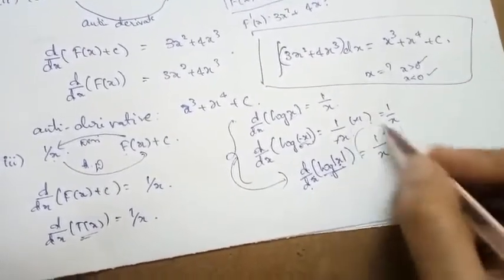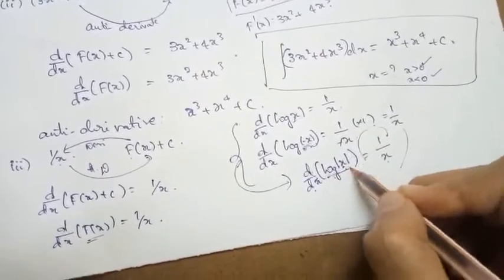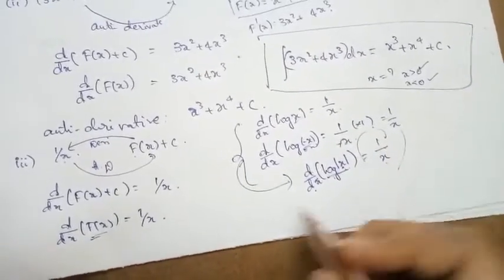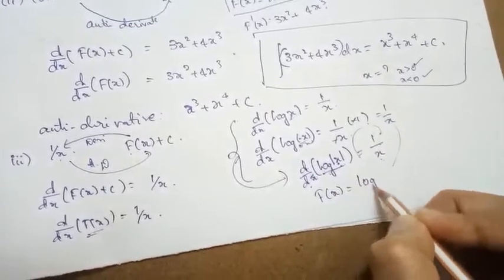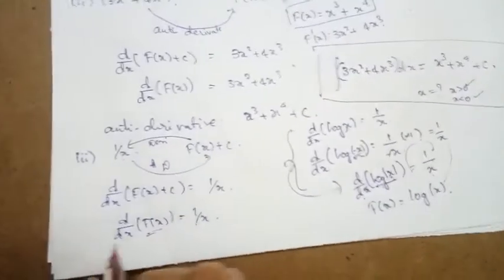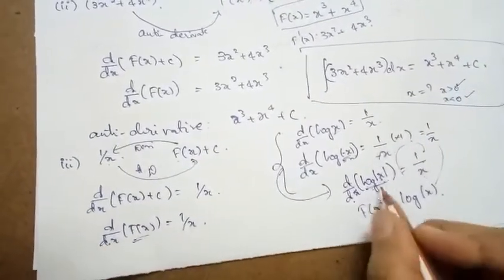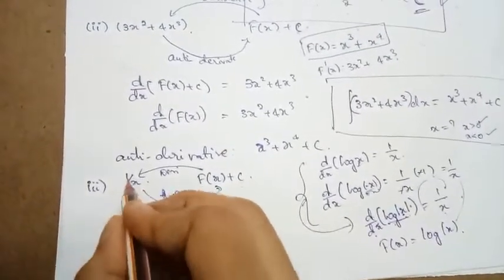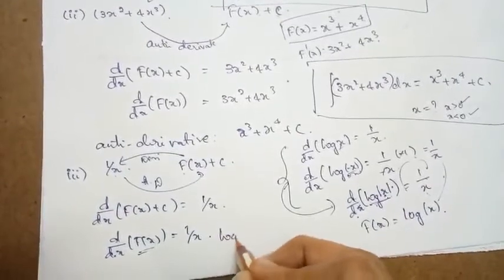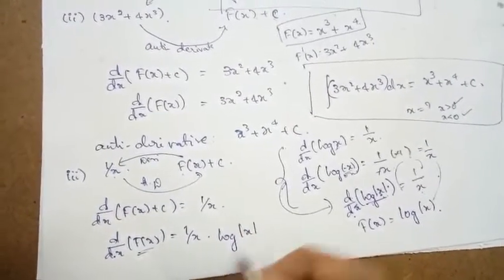So we got the derivative of log of modulus x is equal to 1 by x, which means our f of x will be log of mod x. The derivative of log of mod x is 1 by x, so the antiderivative of 1 by x is log of mod x.